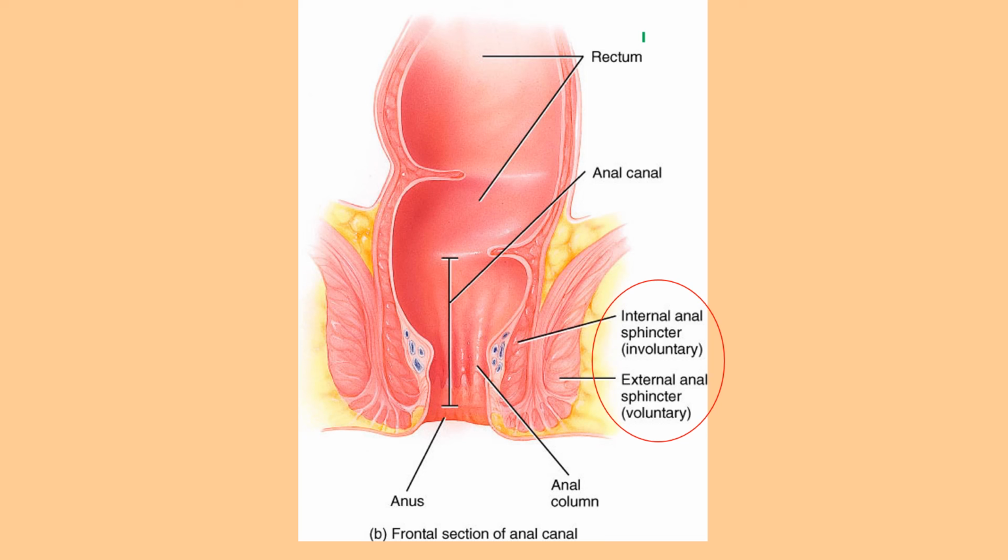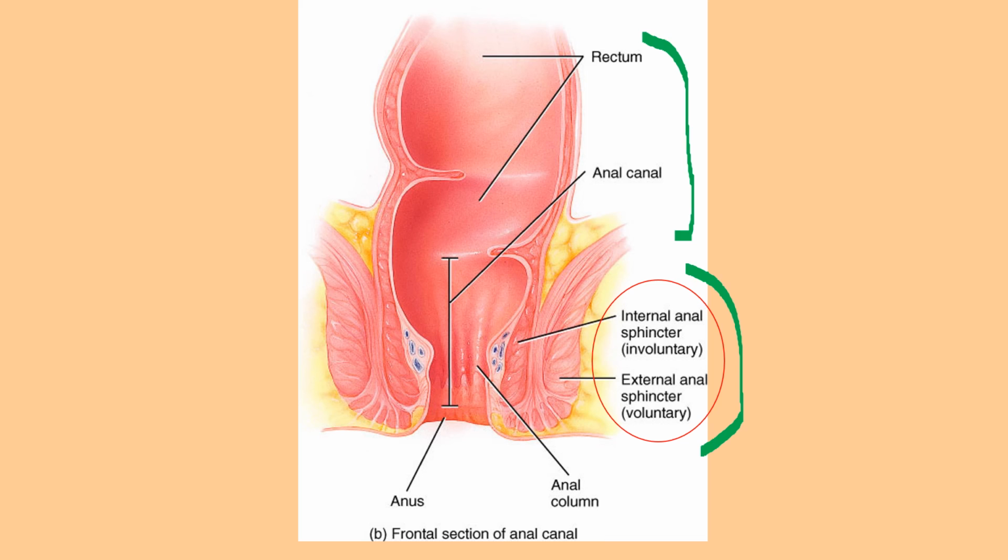Here we see the rectum and the anal canal, and then we have our two sphincters. Remember, in the urinary system, between the urinary bladder and the external urethral orifice, the opening of the urethra, we also had two sphincters, an internal and an external sphincter.